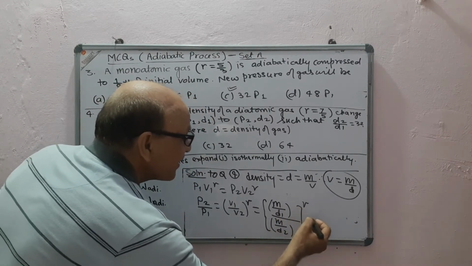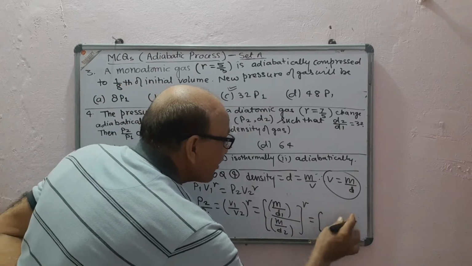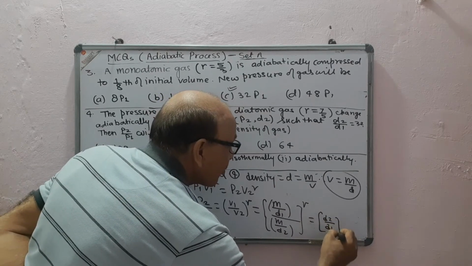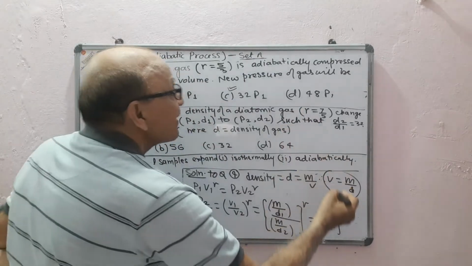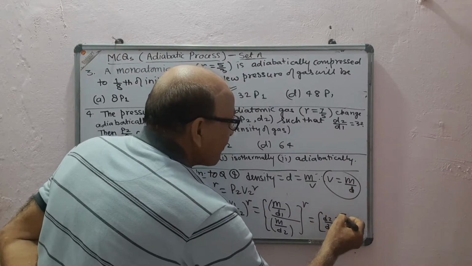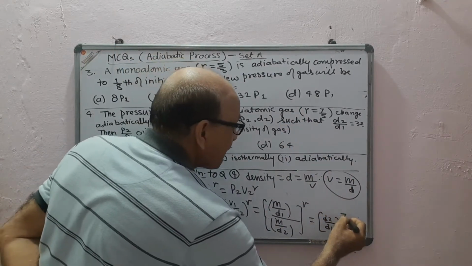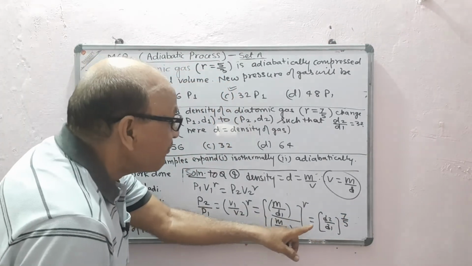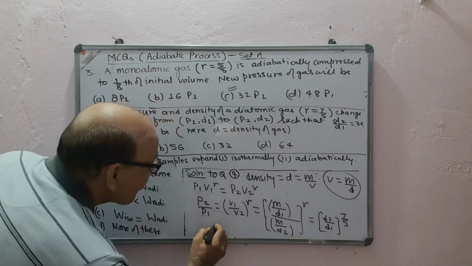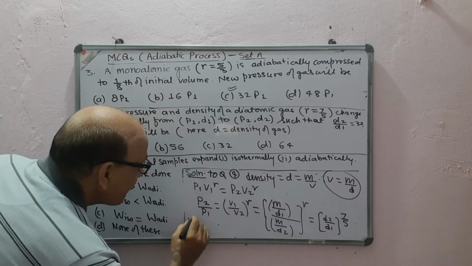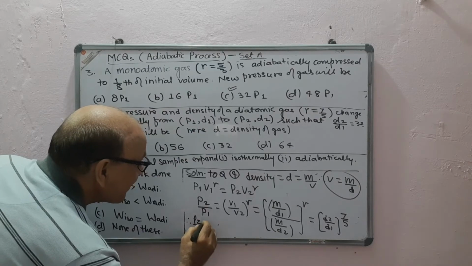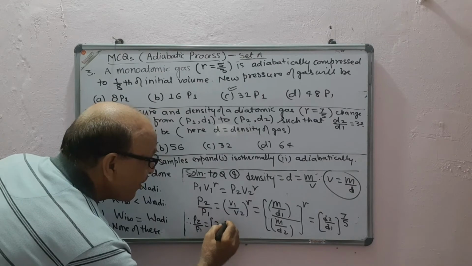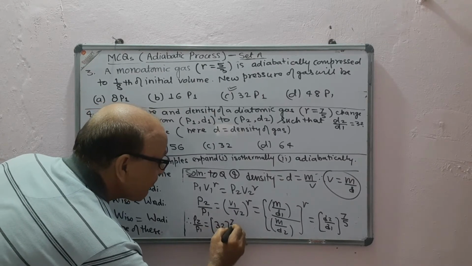M cancels and D2 goes in the numerator. So D2 upon D1 whole power gamma, where gamma is 7 by 5. Now D2 upon D1 is given to be 32, therefore P2 upon P1 is equal to 32 whole power 7 upon 5.